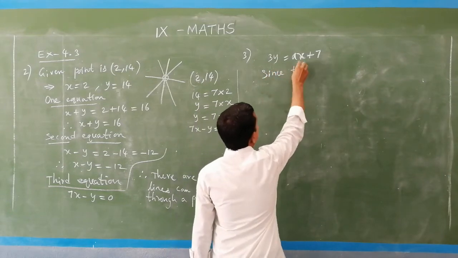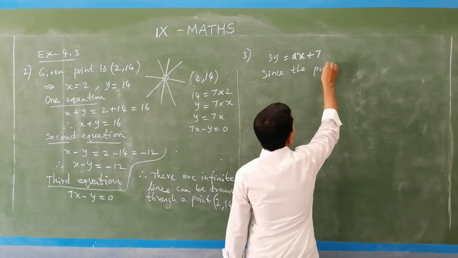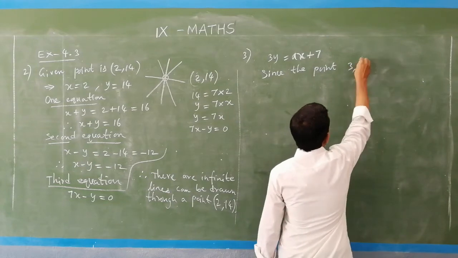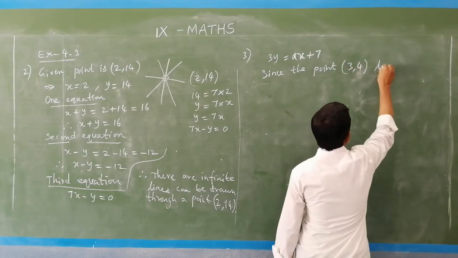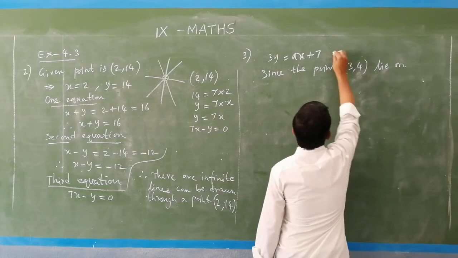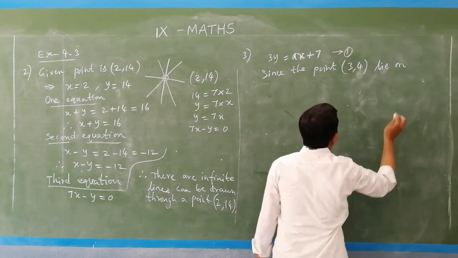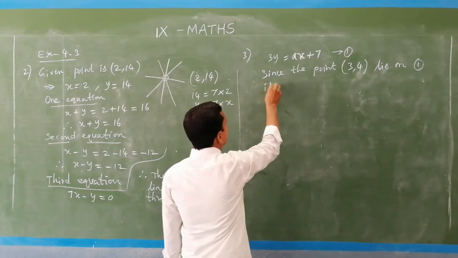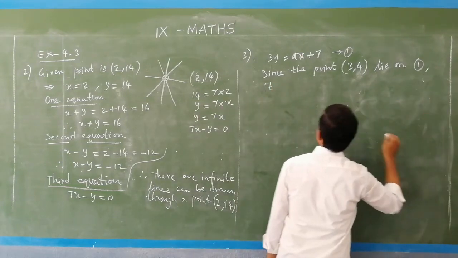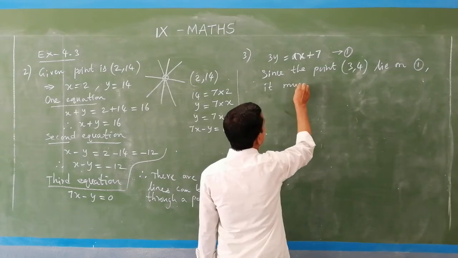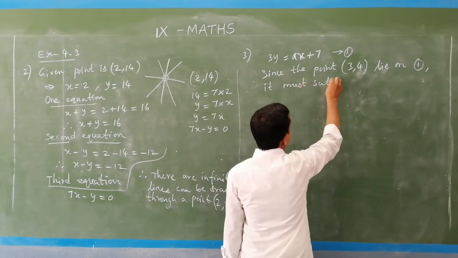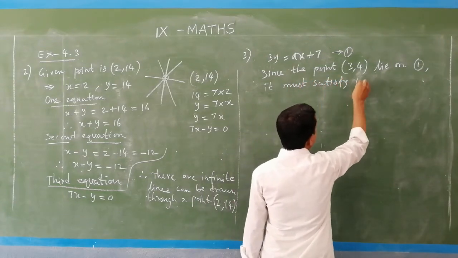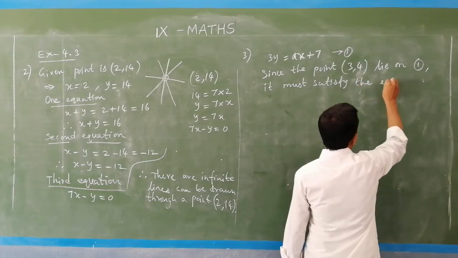Since the point 3 comma 4 lies on, let it be equation number 1, so lies on 1, it must satisfy the equation.